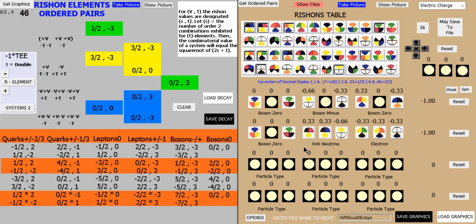And so on the anti-muon, of course, we have a 1/3 and a 1/3 on the rishons, and then on the anti-V prime, we have a minus 2/3, which gives us for the anti-neutrino an electric charge of 0.